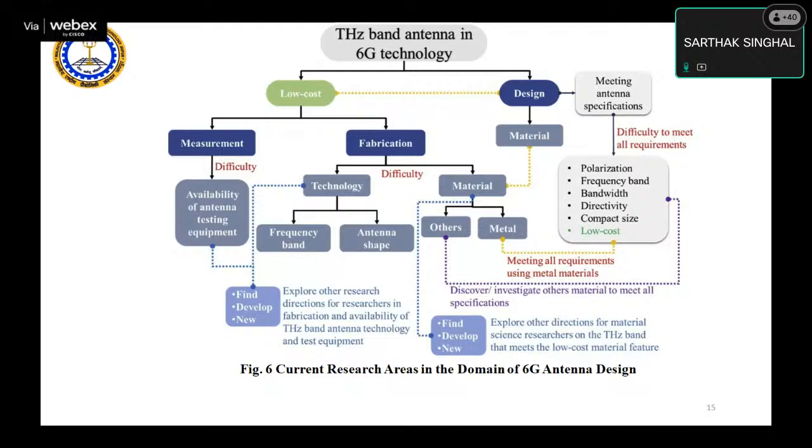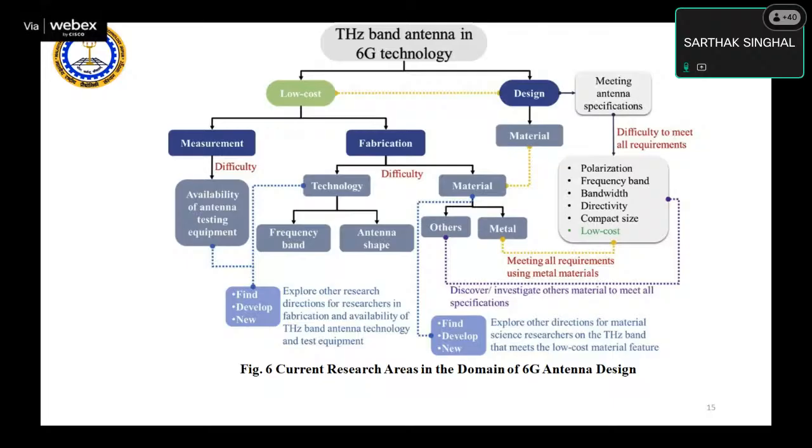So again, from the perspective of design, there is a need to find and develop new materials and methods of designing the terahertz antenna or terahertz component, which can fulfill all the design challenges.